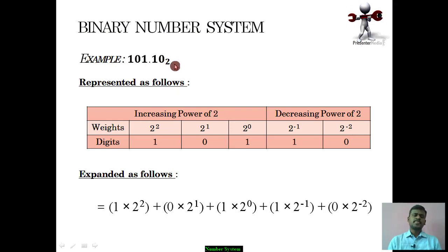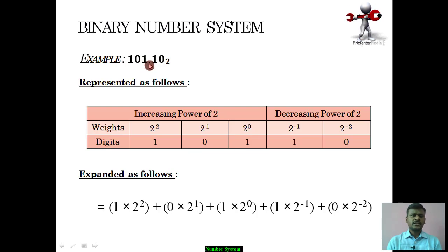Now we will assign the weights to the binary numbers. We will start assigning from the fractional point, to the left side. The last 1 will be assigned the power of 0, 0 will be assigned the power of 1, and the first 1 will be assigned the power of 2. So 1 is assigned 2 raised to 0, 0 is assigned 2 raised to 1, and 1 is assigned 2 raised to 2 as weights for the 101 values.